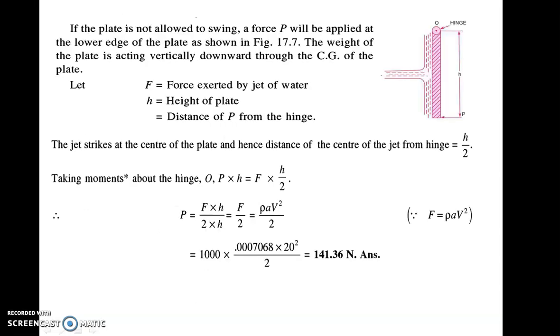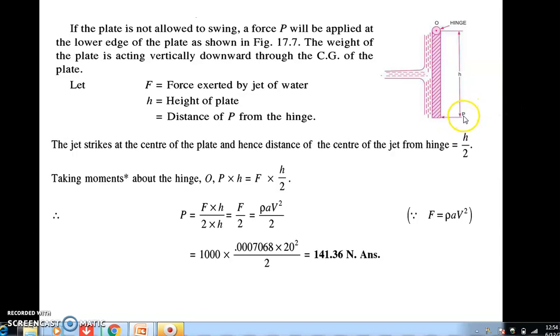In the next slide we'll see that this is the hinge O, and this is the force exerted by the jet on the plate, and this is the force P you are applying at the bottom of the plate, which will restrict the swing of the plate.